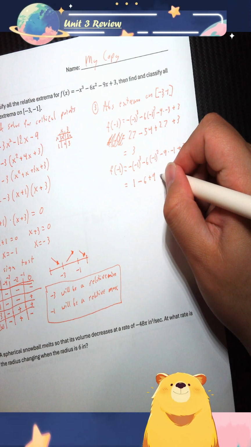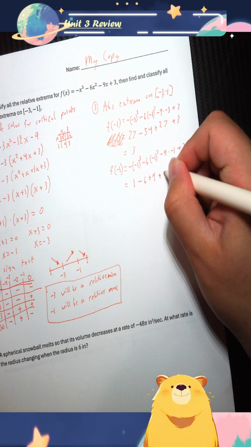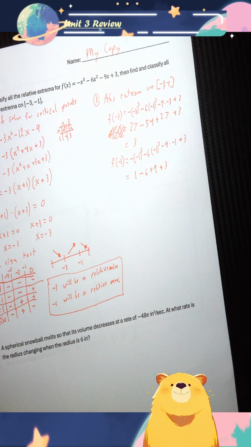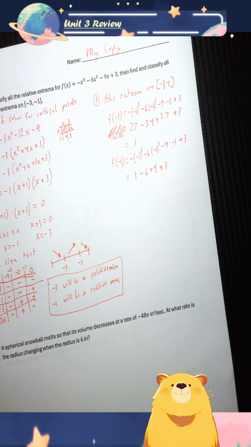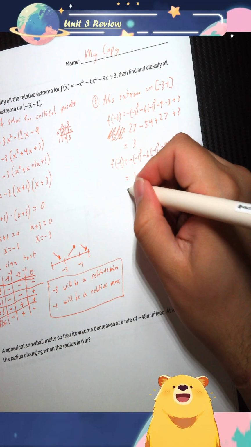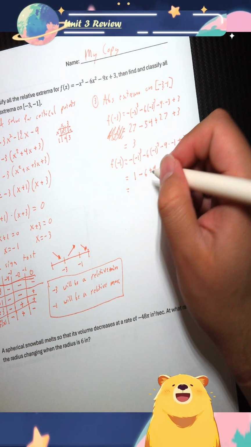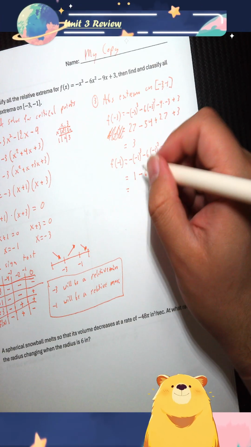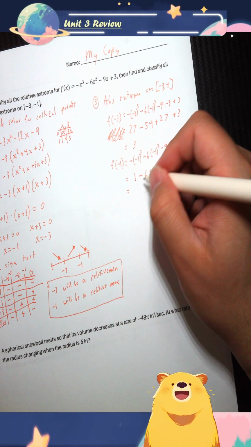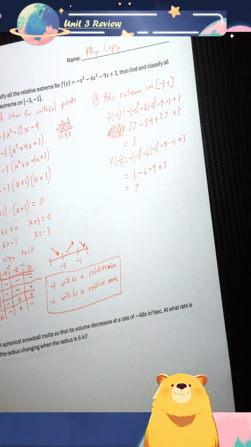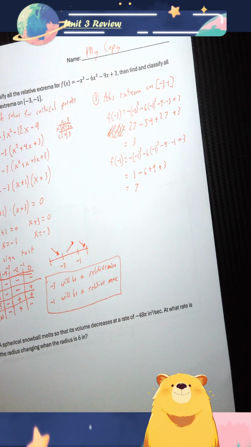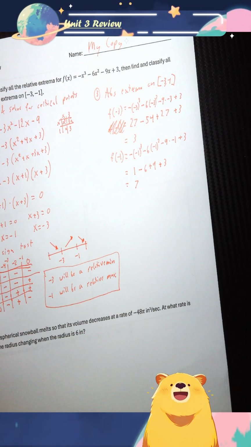And then here we get a plus 3. So that means our value here is going to be, I don't know why I'm blanking out, 13. 13 minus 6, 7. Okay, not that bad.